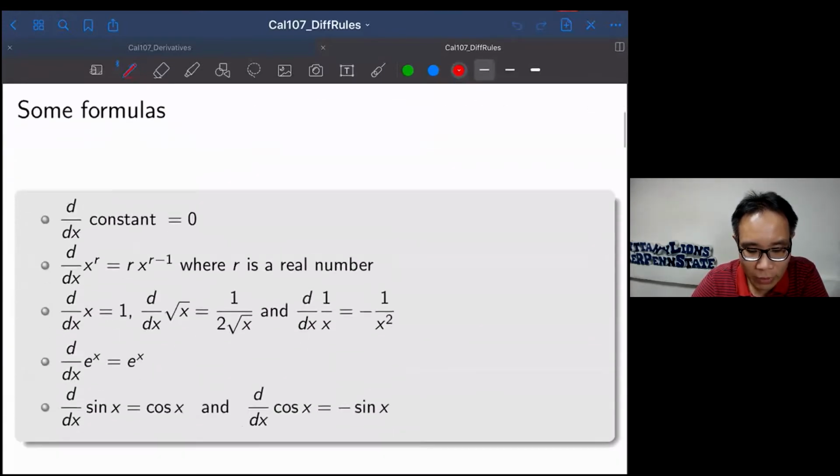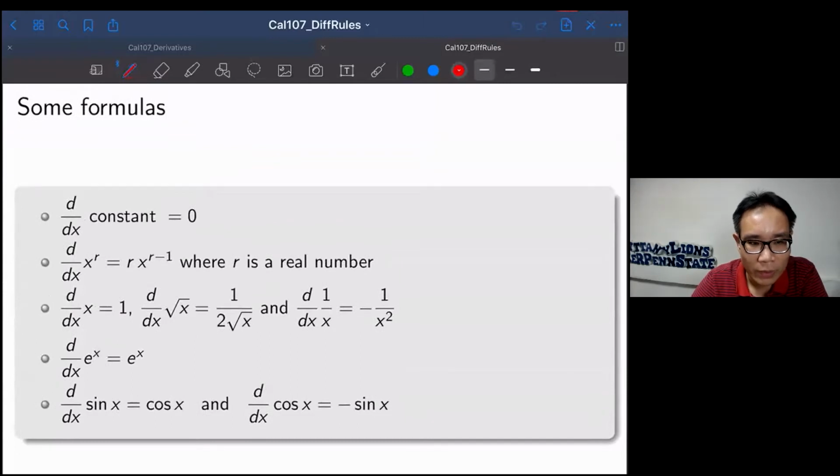We have also learned some formulas: the derivative of a constant equals 0, the power function d/dx of x to the r equals r x to the r minus 1, d/dx of x equals 1, d/dx of root x equals 1 over 2 root x, d/dx of 1 over x is negative 1 over x squared, the derivative of e to the x is e to the x, the derivative of sine is cosine, and the derivative of cosine is negative sine.